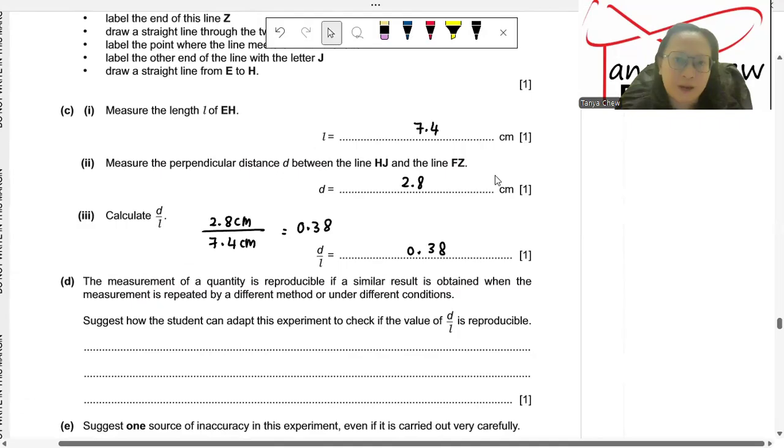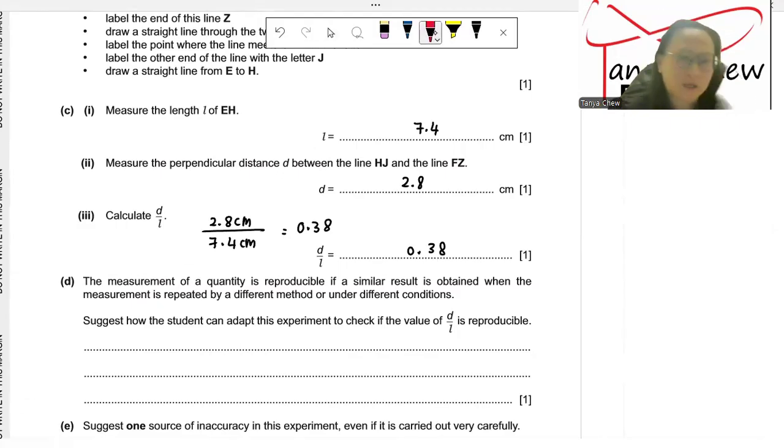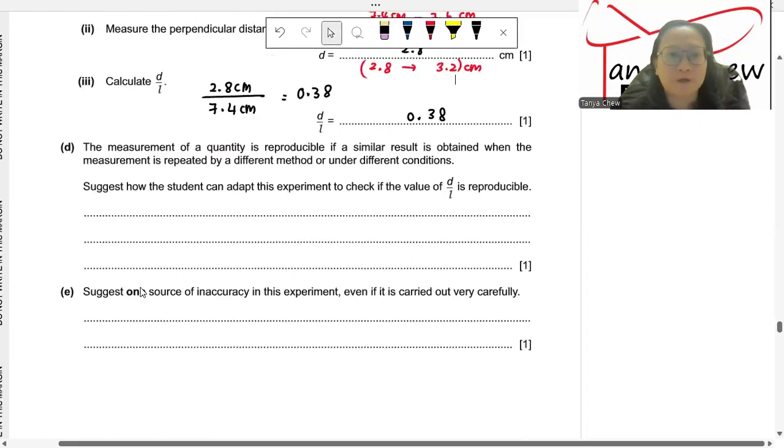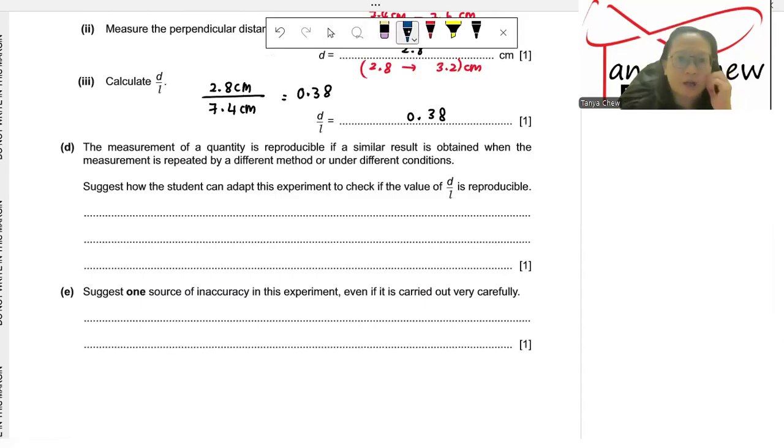Right. Then, just want to tell you what's stated on the mark scheme. The L value must be within 7.4 cm to 7.6 cm, whereas the value of D that you measure must be within 2.8 to 3.2 cm. Now, D, the measurement of the quantity, is reproducible if a similar result is obtained when the measurement is repeated by a different method or under different conditions, such as how the student can adapt this experiment to check if the value of D over L is reproducible.